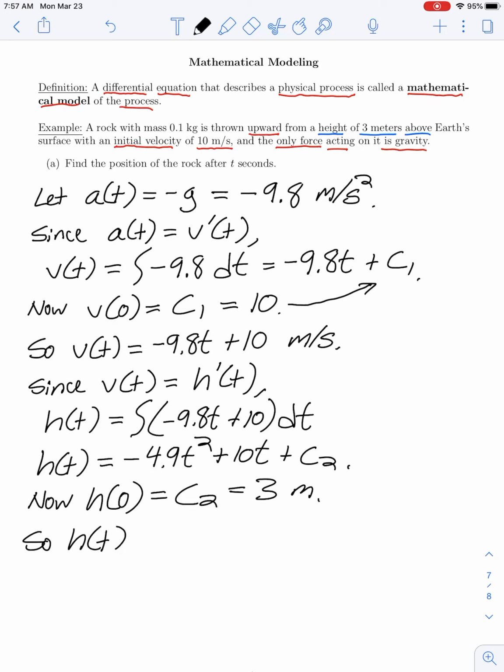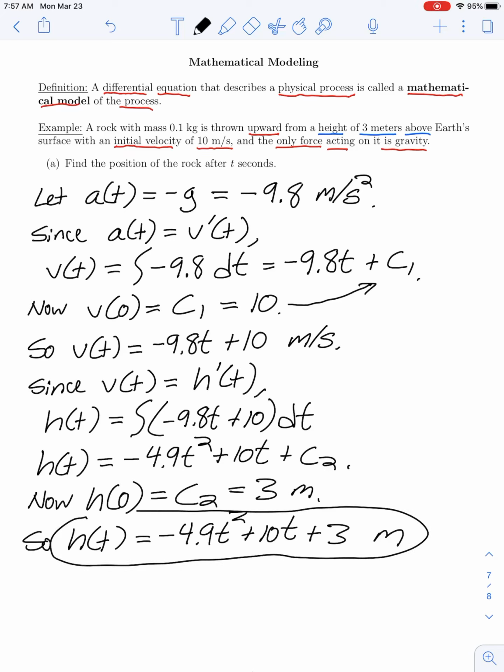So finally, we find our position or height function, h of t, is negative 4.9 t squared plus 10 times t plus c2, which is 3. We're measuring height in meters here. So this would be the position of our object, which is this rock, t seconds after it was thrown.